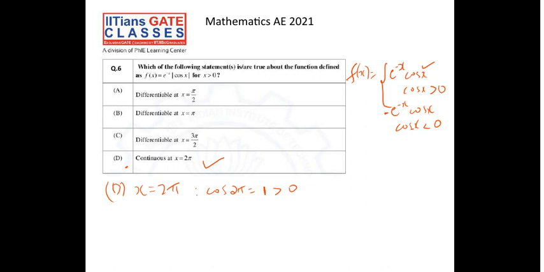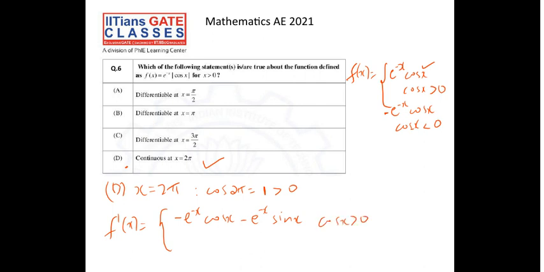Let's move on to the next options. To check differentiability, we need to first differentiate this function. So we will get f dash of x is equal to minus e raised to minus x cos x minus e raised to minus x sin x.